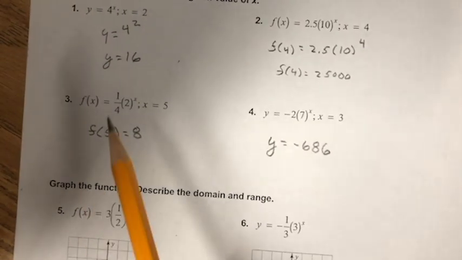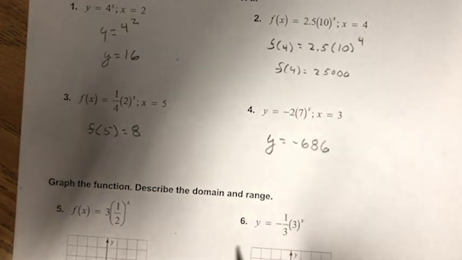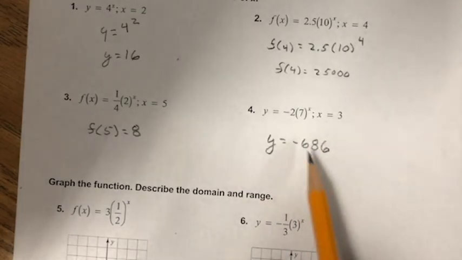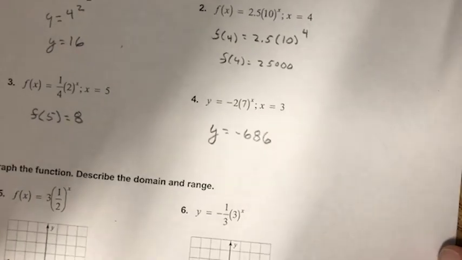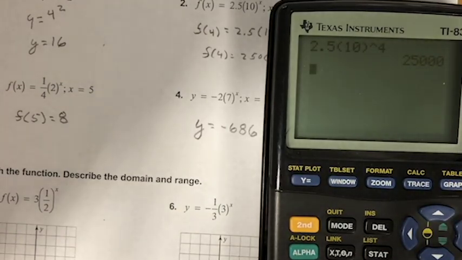So you should have got that for number 3, f of 5 is equal to 8. For number 4, y is equal to negative 686. This one may have stumped you. You may have got a positive number by accident. I just want to walk you through it. Negative 2, then you would put your parentheses 7, and then this is going to be raised to the 3rd power.